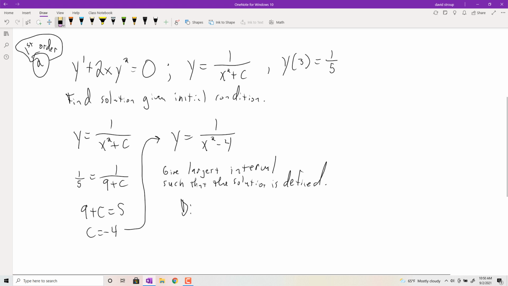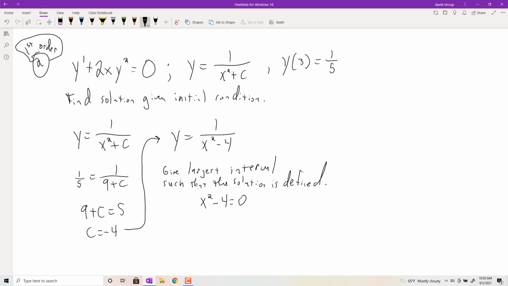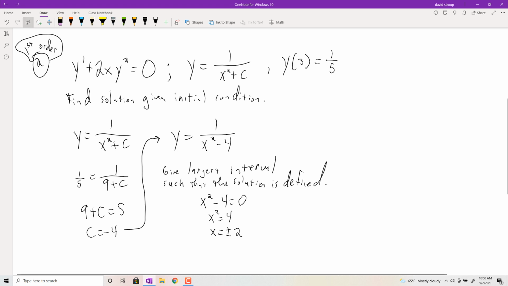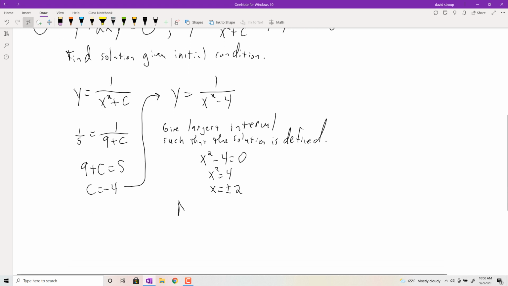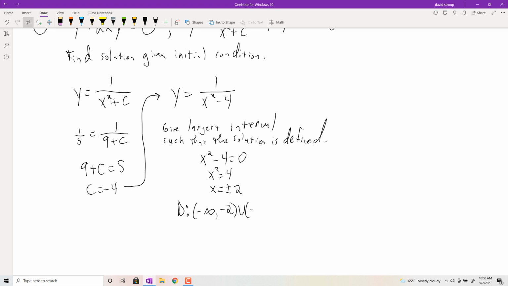So to get the domain, you need to know where the denominator is equal to 0. So you go x squared minus 4 is 0. x squared is 4. So x is plus or minus root 4, or plus or minus 2. Those are the bad numbers, so you have to exclude those from your domain. So our domain will be negative infinity to -2, union with -2 to 2, union with 2 to infinity. Okay?